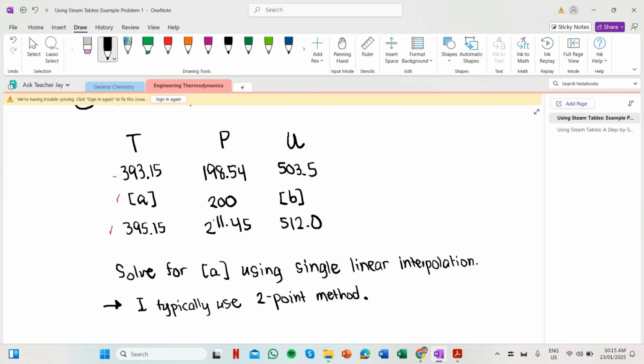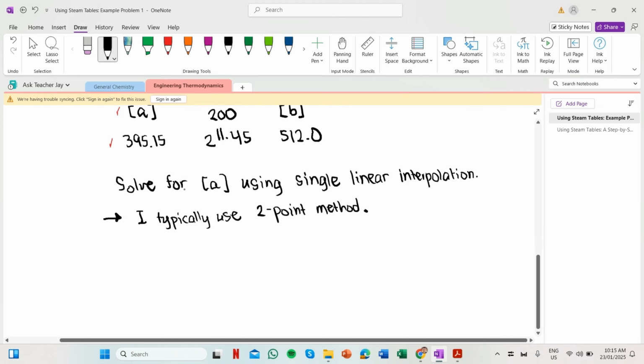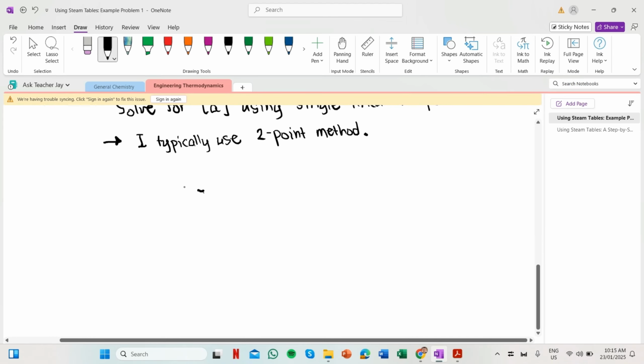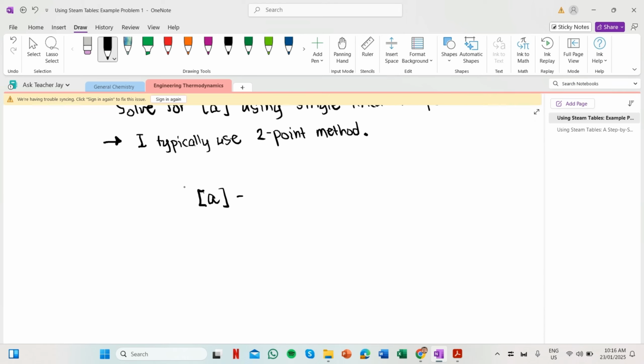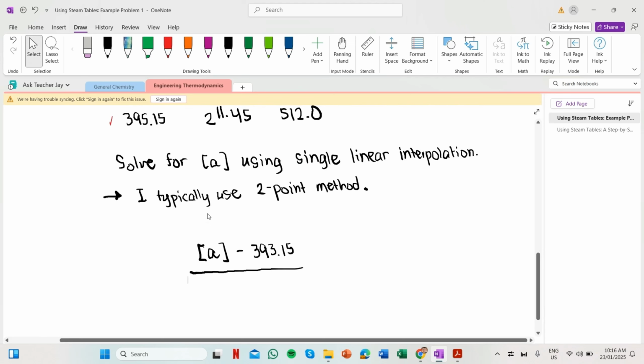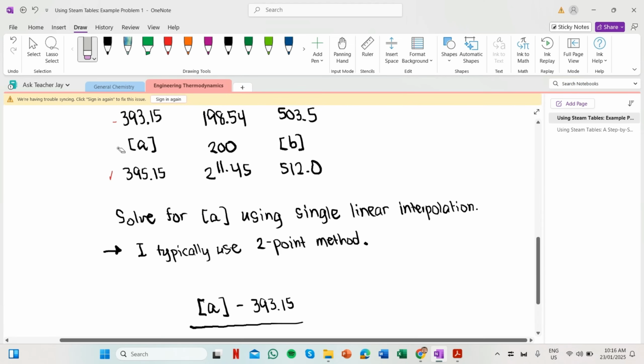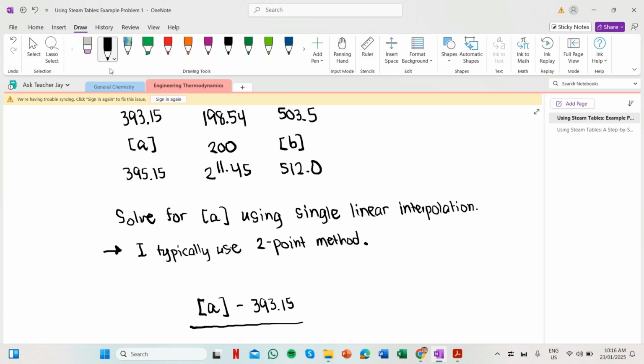So let me show you how I do my linear interpolation. There are many linear interpolation apps available, but of course, for starters, you also have to get a good grasp of how this is done on a manual, step-by-step basis, which is why I'm presenting this solution in this video.